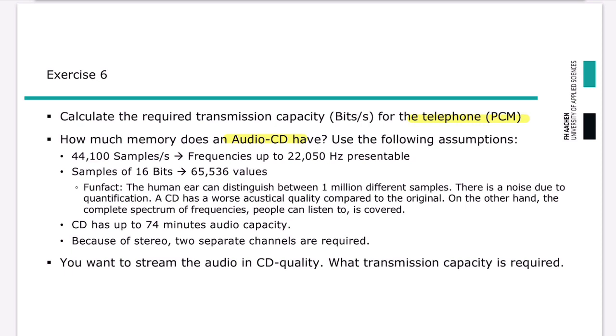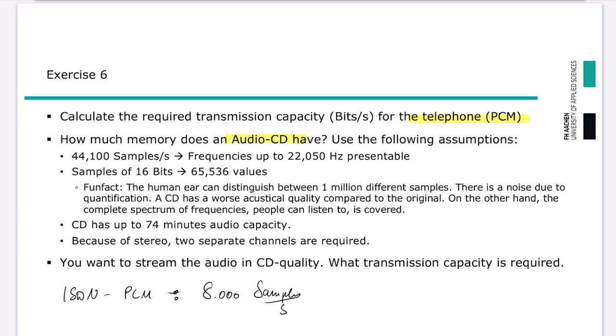So, what is the required transmission capacity for a telephone with the PCM? And here again we have to look up in the lecture slides, for example, telephone PCM, pulse code modulation. There's different variations, but when it comes, for example, to ISDN PCM, then we have 8,000 samples per second.